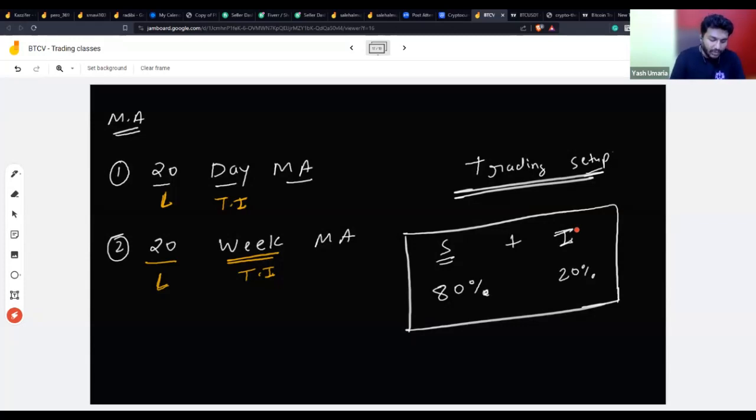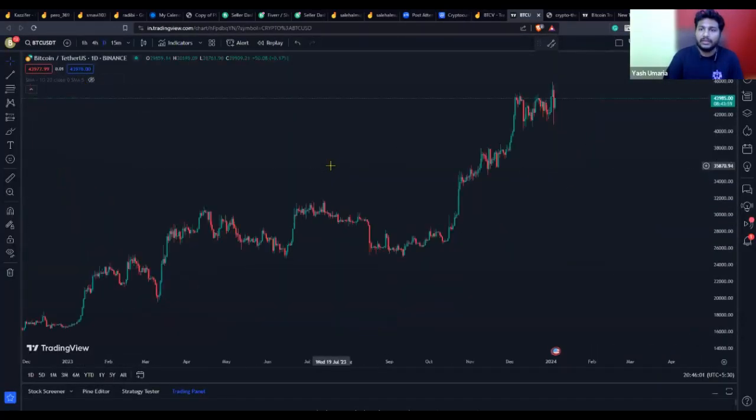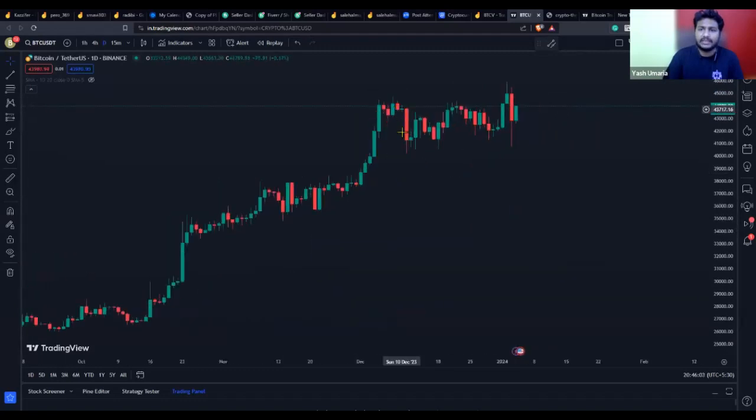Now, what kind of information are we getting by using indicators? Indicators provide us information which we can't see with our naked eye. If I don't put anything on this chart, of course I can see some support and resistance, some trend lines.